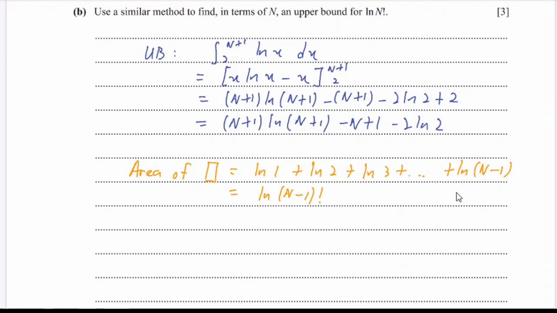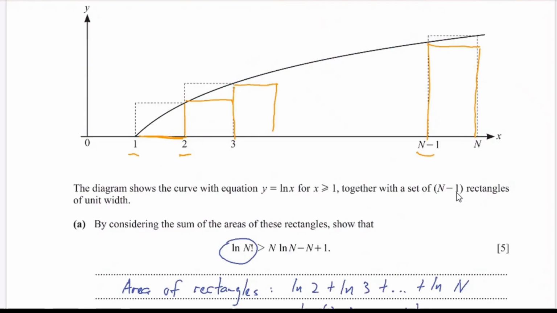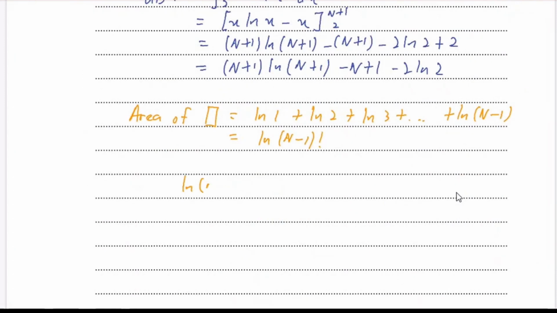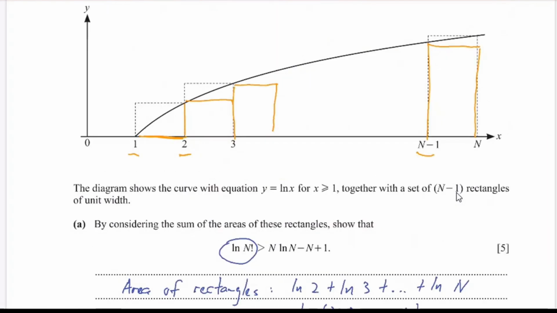Okay, but as we compare this set of rectangles, we are still comparing with the same area under the curve, because the area under the curve that we are comparing here is still going from 1 to n. So the area of the rectangles here, ln (n minus 1) factorial, will be less than the area under the curve that we have found just now, n ln n minus n plus 1.